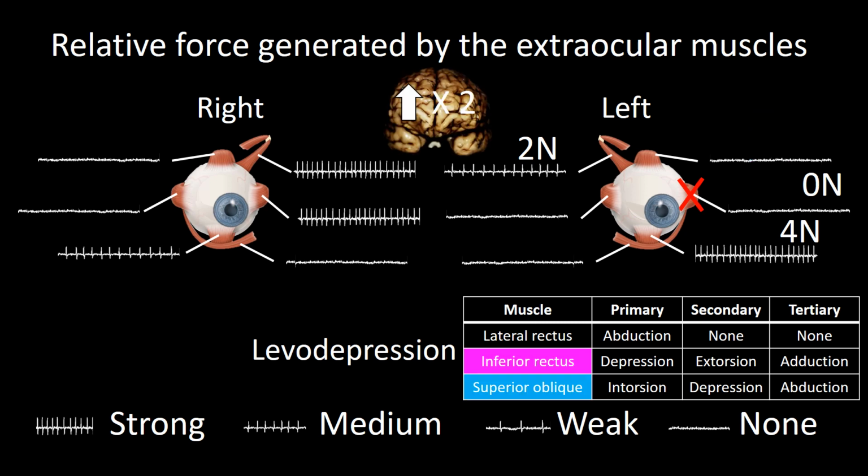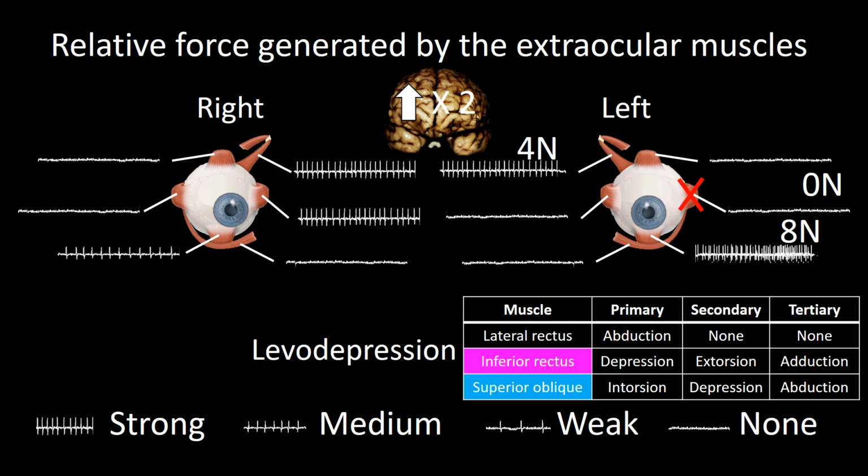The brain tries to correct the axis of vision by overstimulating the torsional muscles, thus the discharge rate of the inferior rectus and the superior oblique doubles. Doubling the force generated by the inferior rectus and the superior oblique results in an extorting force of 2 newtons more than the required force to maintain normal torsion during levodepression.